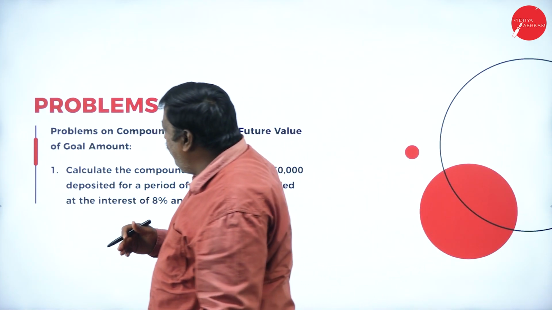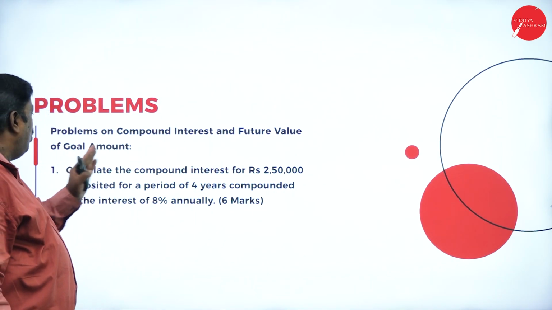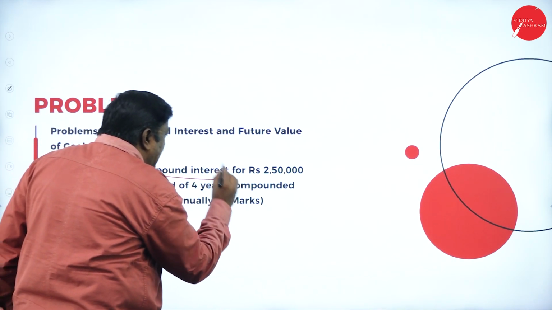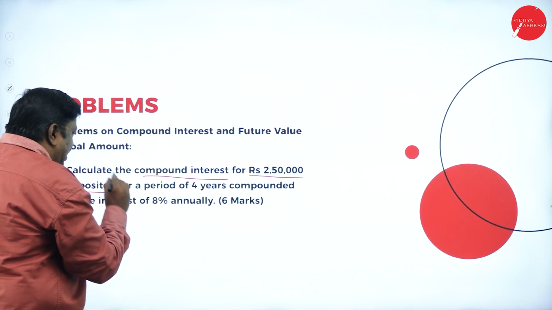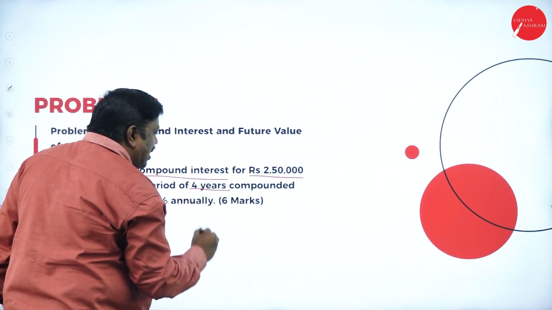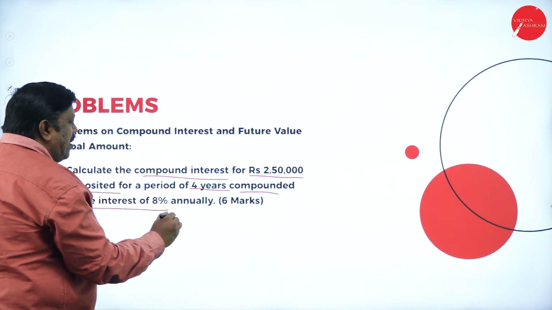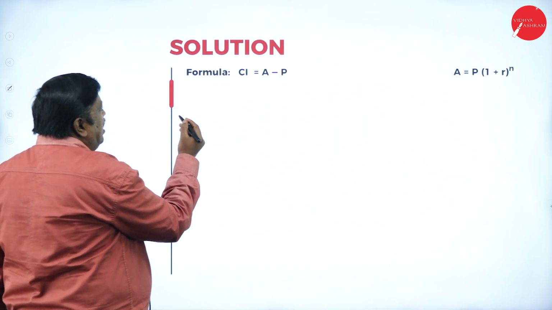Now, the first problem we have taken here is a problem on compound interest and future value of goal amount. Calculate the compound interest of rupees 2,50,000 deposited for a period of 4 years, compounded at the interest of 8% annually. Here they have given the deposit amount.